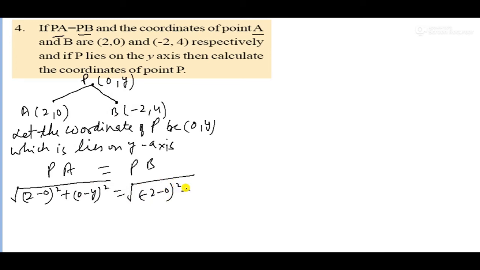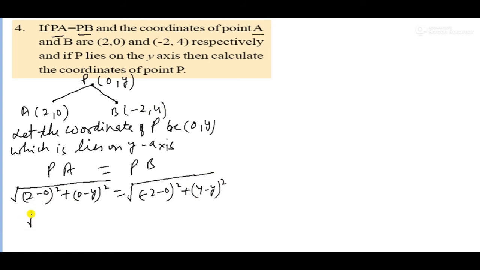And if P lies on y-axis, as you know, x is equal to 0. So you have to see x equal to 0 and y we want to find. That is the point P.